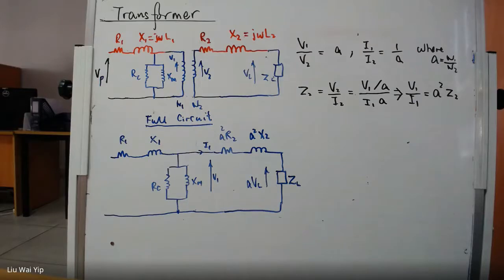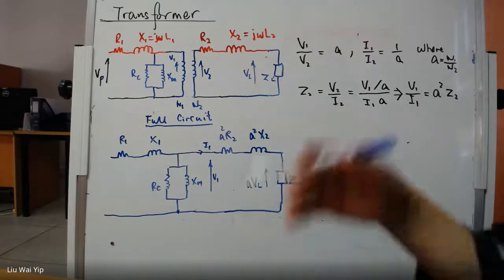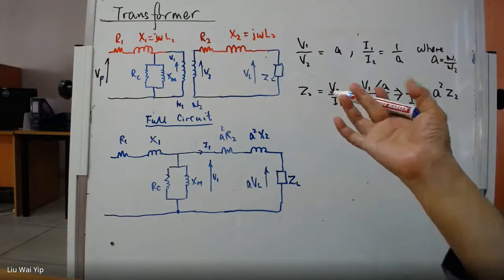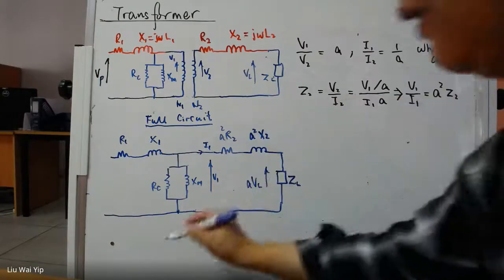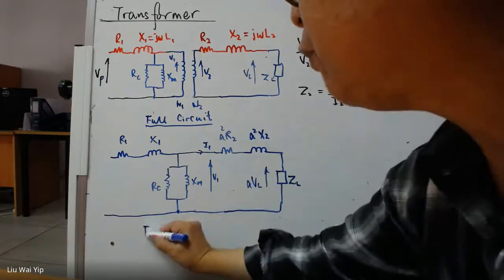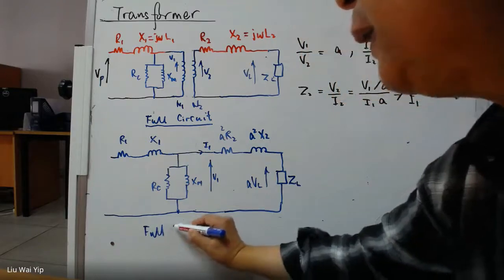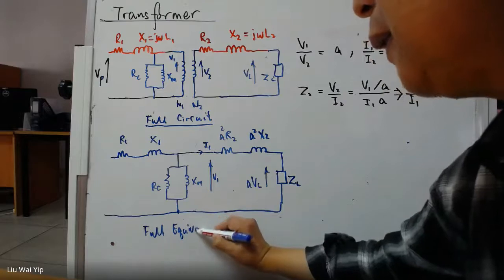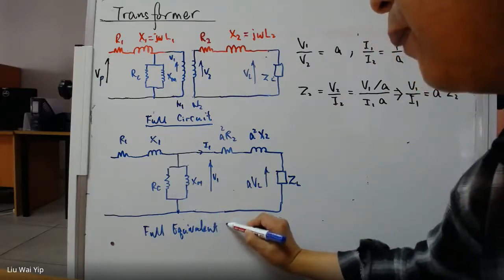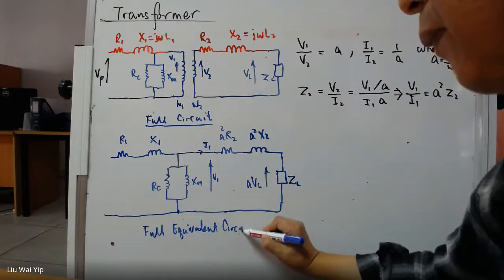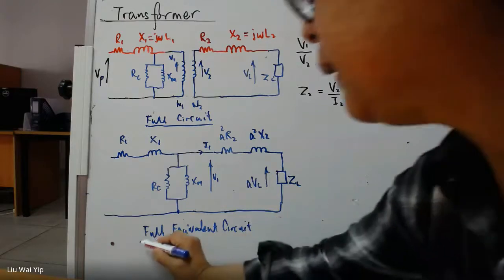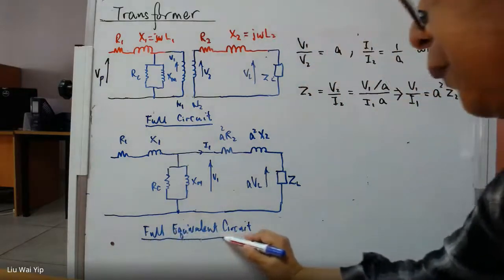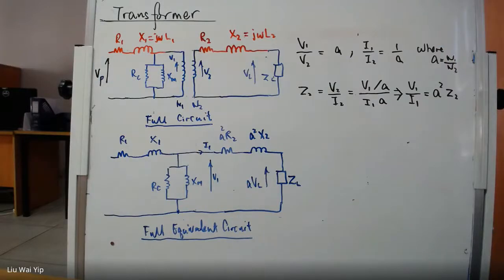And this equivalent circuit doesn't include any approximation. That's why we call this the exact equivalent circuit. And this is enough for you to analyze the transformer with a simulator, MATLAB, everything.